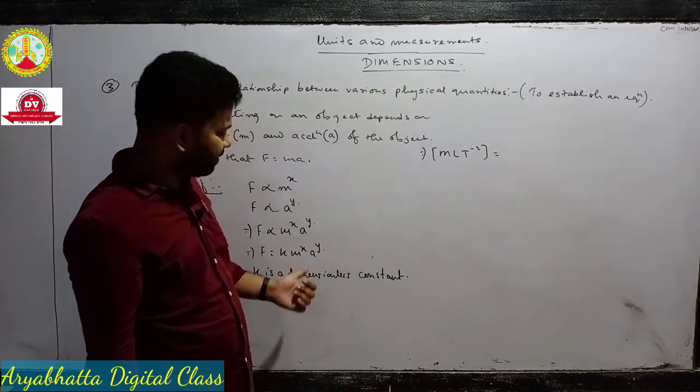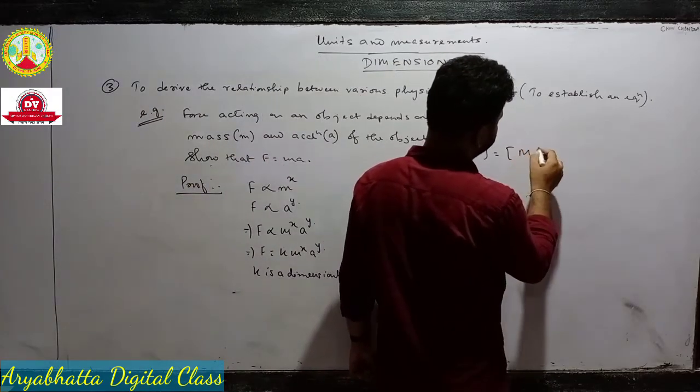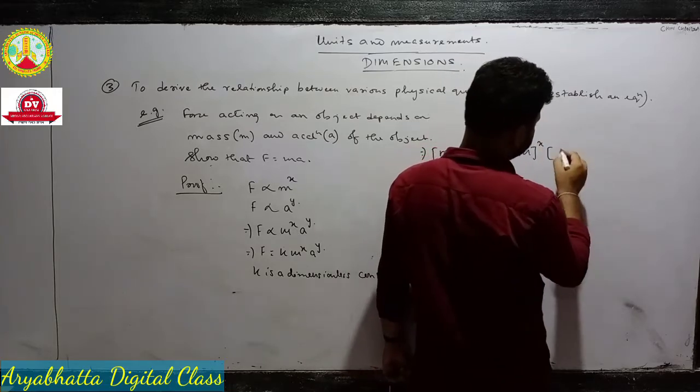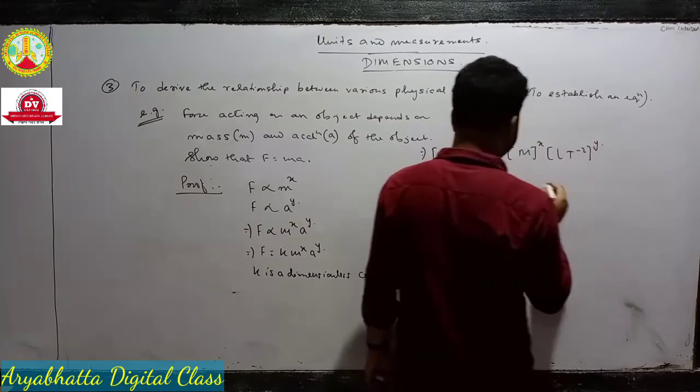K, it has no dimension. What is the dimension of mass? The dimension of mass is M to the power x. Dimension of acceleration is L T to the power minus 2 into y.